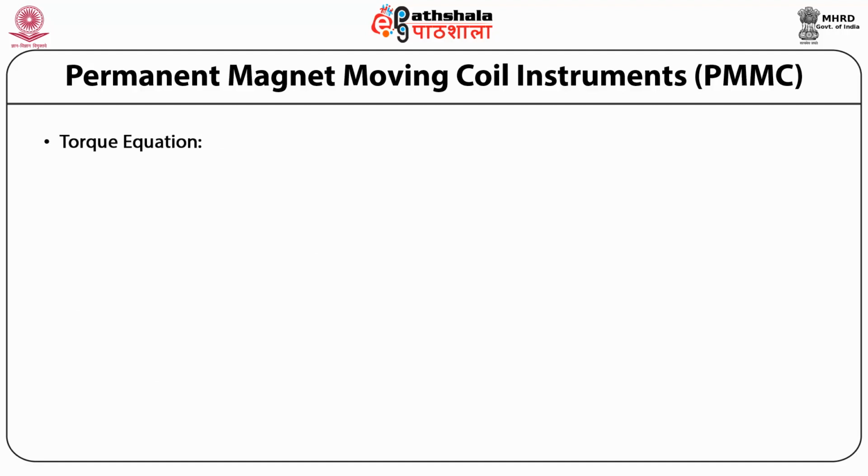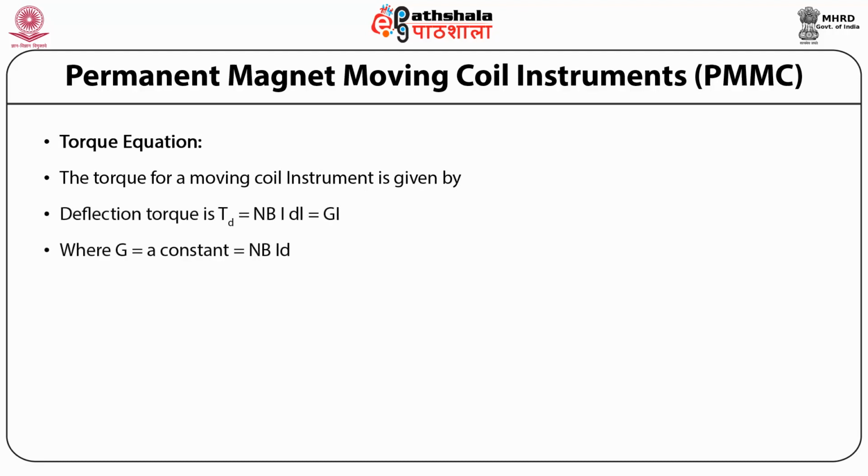Now, let us consider the torque equation. The torque for a moving coil instrument is given by deflection torque Td equal to NBidl, which is equal to Gi, where G is a constant which is equal to NBid.